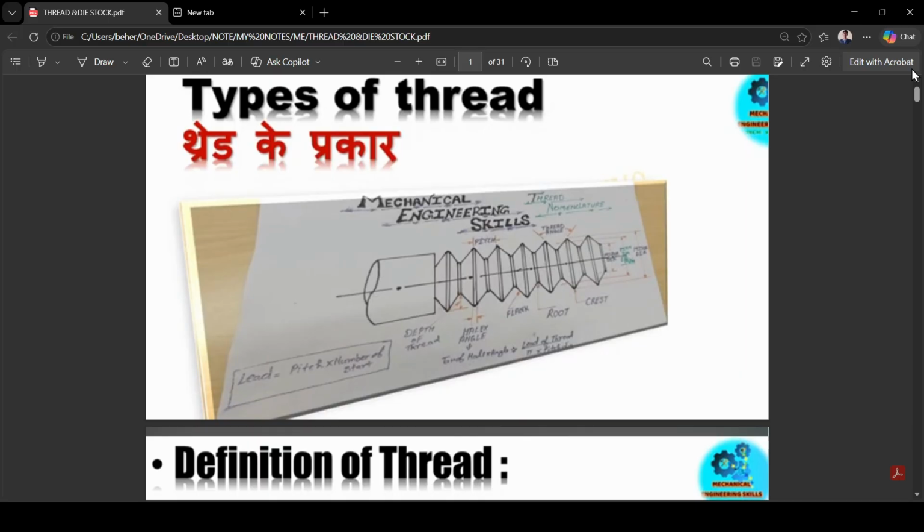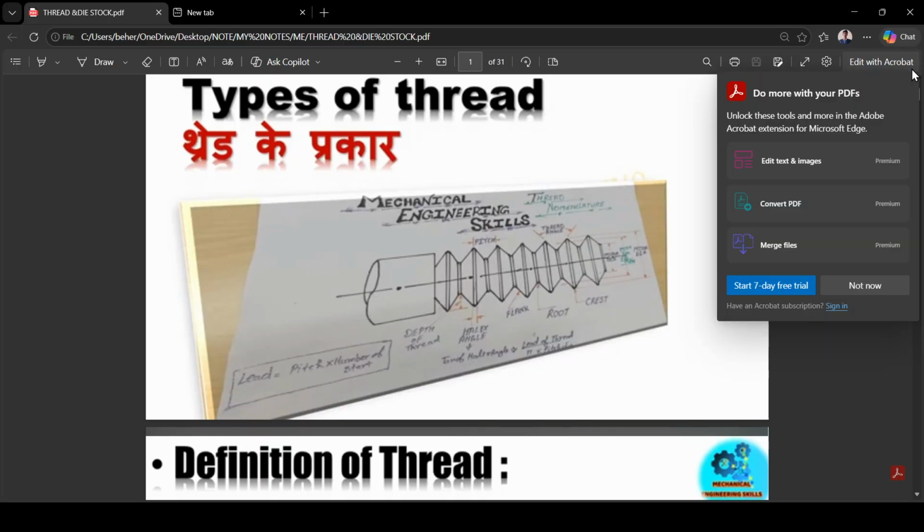It is stronger than square thread and commonly used in lead screws and CNC machines. Buttress threads are designed to handle heavy loads. Advantages of threads: strong fastening, easy assembly and disassembly, and accurate movement in mechanical parts.